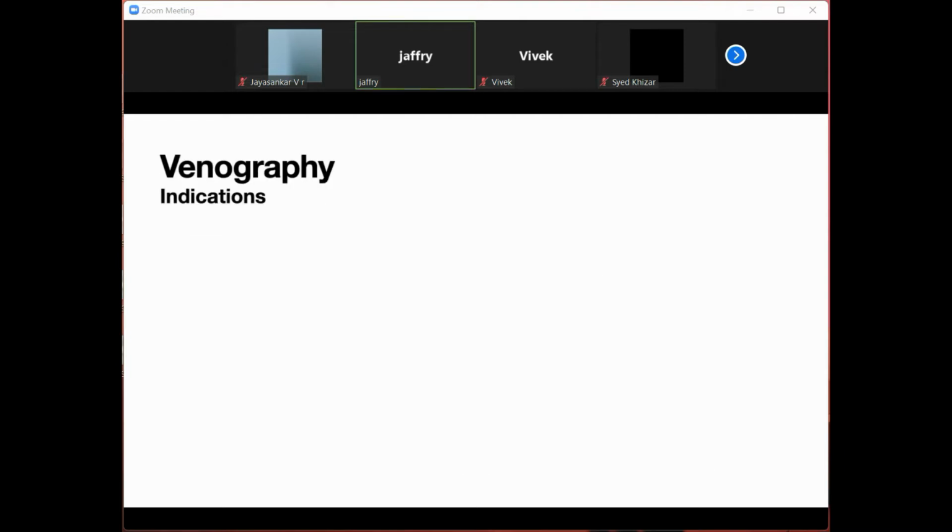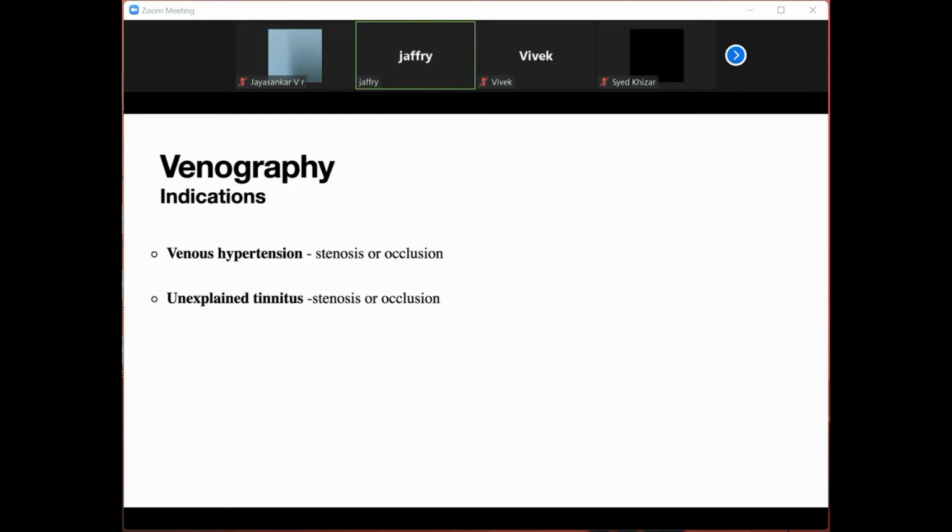Coming to the indications of venography, there are different indications: in patients with venous hypertension which is imaging negative. In that scenario, to look for any stenosis or occlusion, DSA we can consider.